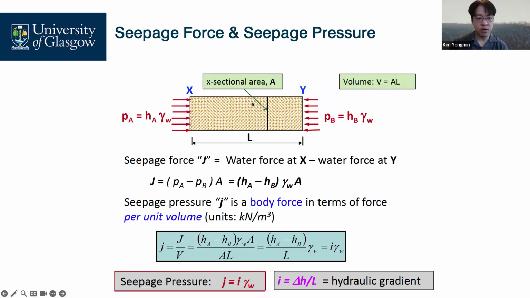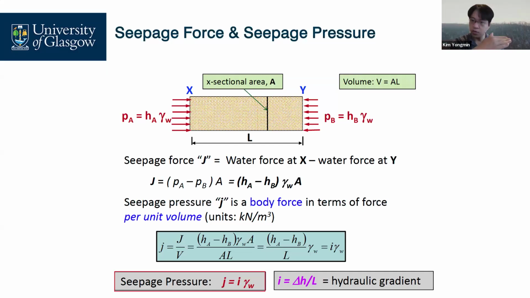We go through the very difficult situations and the complex equation and end up with i gamma w, which is the seepage pressure. Let's keep thinking. Water flow is due to hydraulic differences, which is the i.